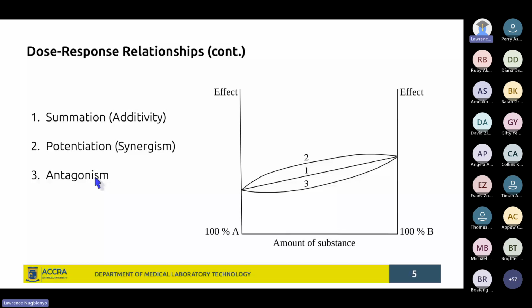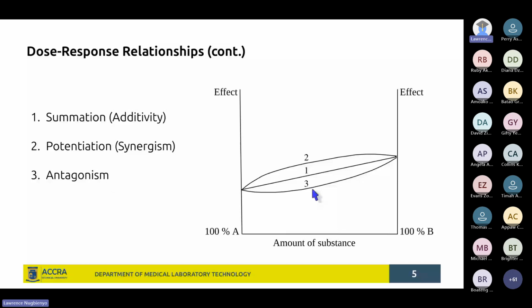If you have substance A, which is having a therapeutic effect, and substance B not having any therapeutic effect, but when you put the two of them together, it reduces the effect of substance A. Antagonism can also be when the two of them may both be having some effect, but when you put them together, the effect is rather reduced.